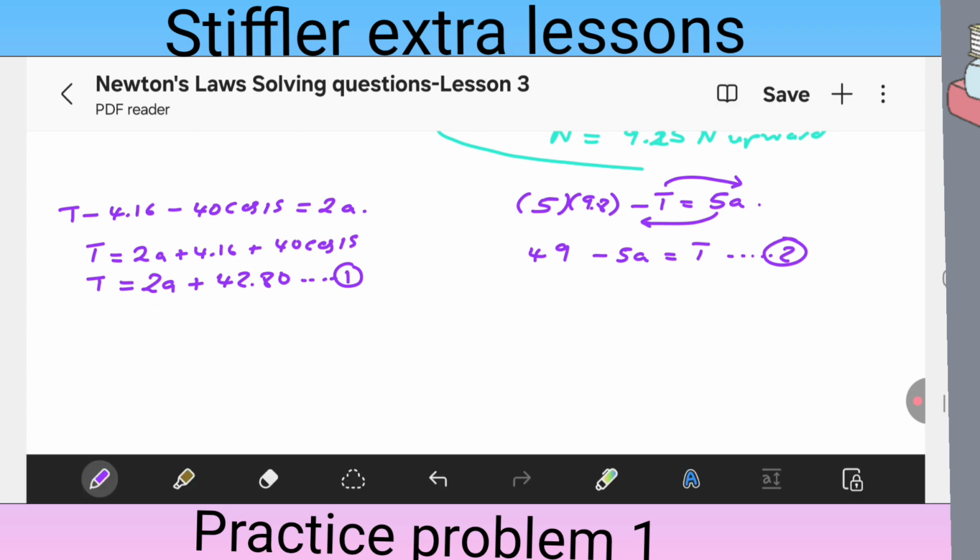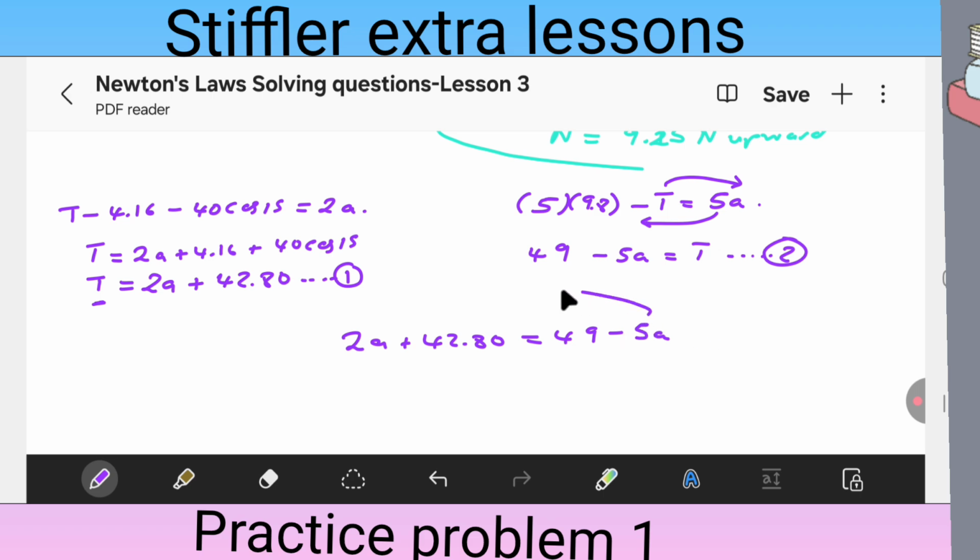So we can just equate, since this starts with T and this also starts with T. So our 2a plus 42.80 becomes 49 minus 5 acceleration.